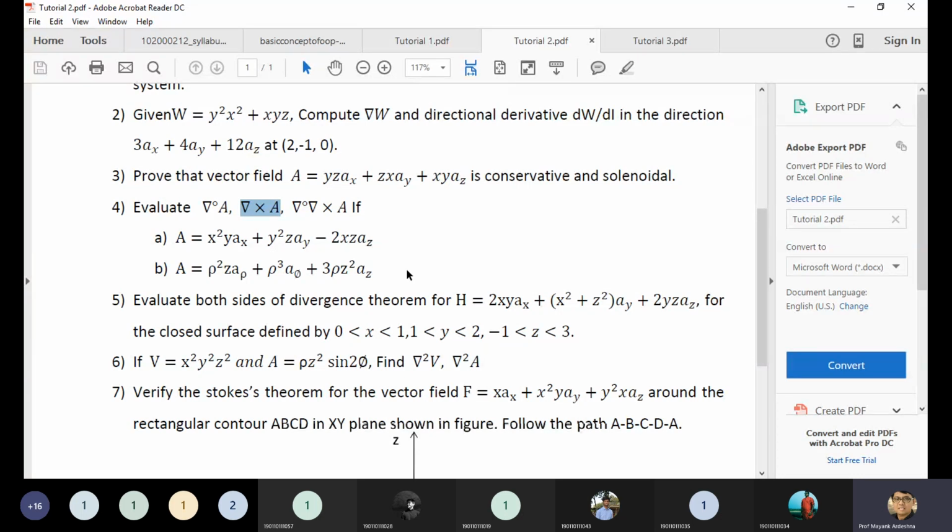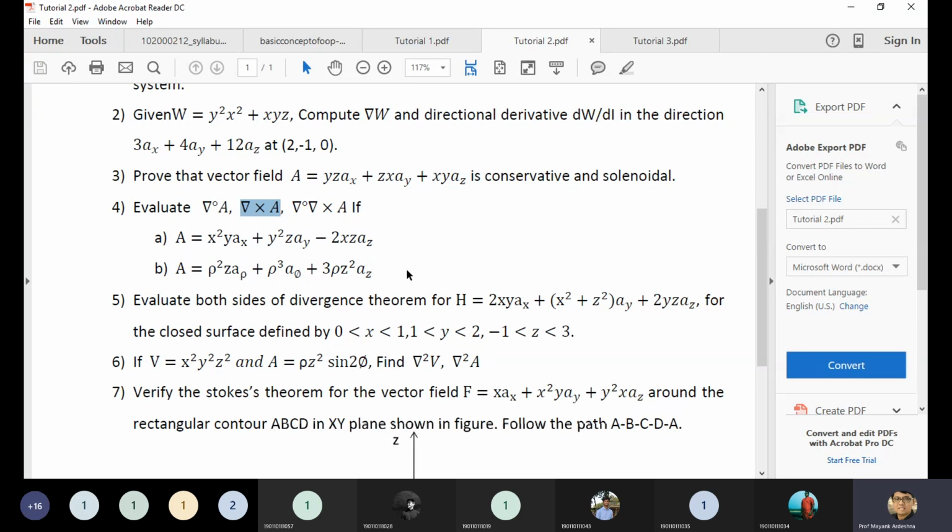X varies from 0 to 1, y varies from 1 to 2, and z varies from minus 1 to 3. You have to prove the divergence theorem, which is the integral of del dot A dv equal to the closed surface integral of A dot ds. In both cases, you have to prove both give a similar answer.